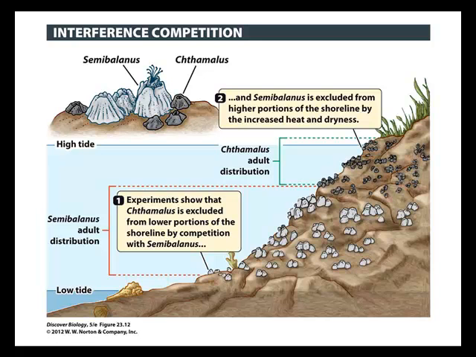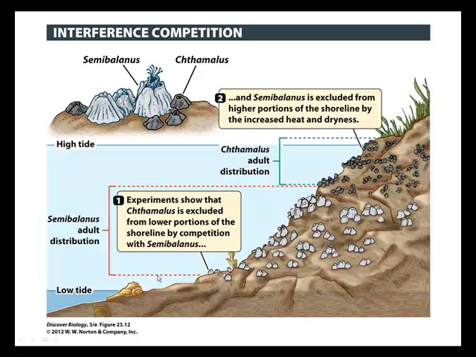So the intertidal is actually a great place to look at competition. Competition is extremely fierce in the intertidal. If you go at low tide, I want you to pay close attention to these lines of division. As you move towards your water line, you'll transition from one species to the next, to the next.